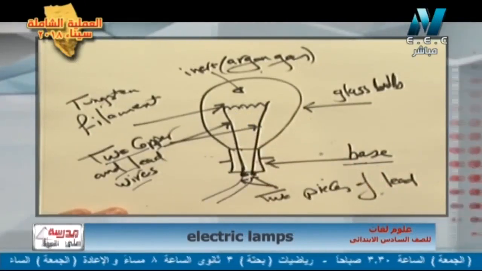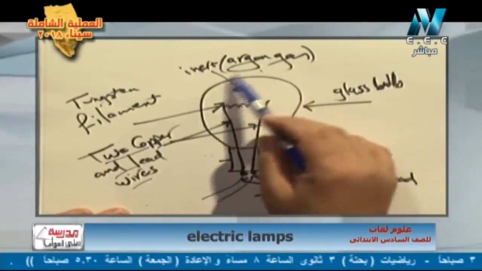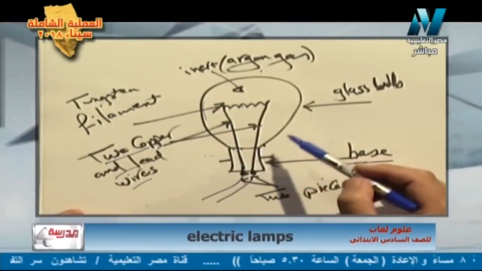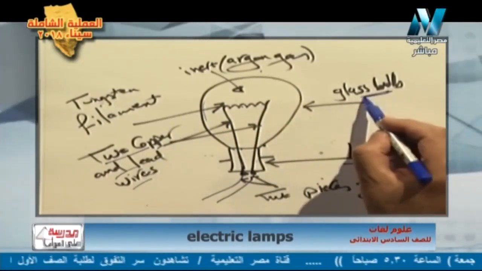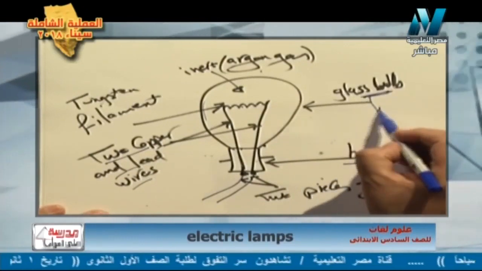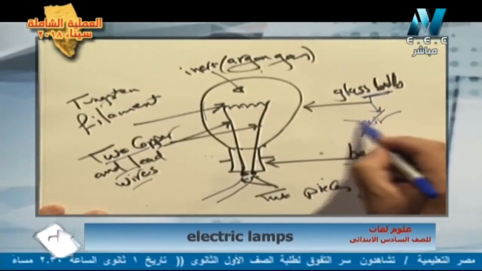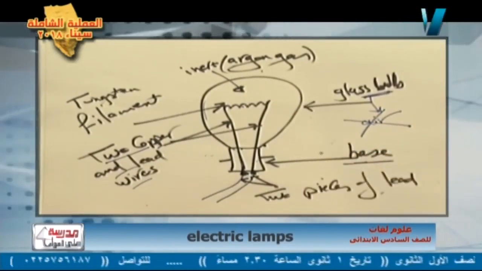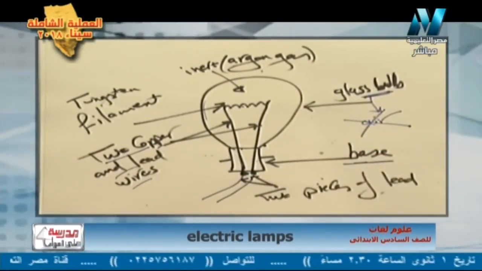And also what is the function of the glass bulb? يعني لو مفيش glass bulb في اللامب I don't need it? No, the glass bulb is very important. Why? Because it prevents air, بيمنع الهواء, from entering the light bulb. لو الهواء دخل, the light bulb will be useless, because we know air contains oxygen gas that increases the burning or combustion process.